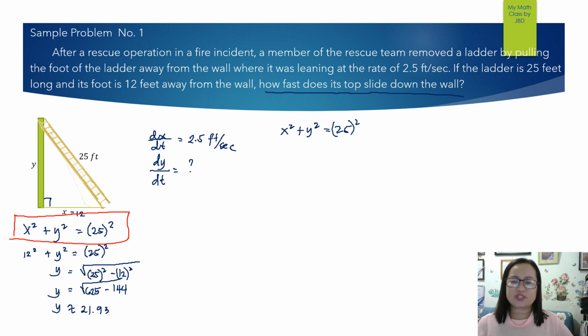Using x squared plus y squared equals the square of 25, we are going to differentiate both sides of the equation with respect to time.